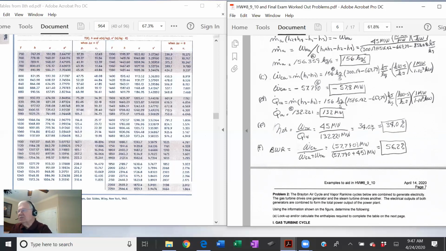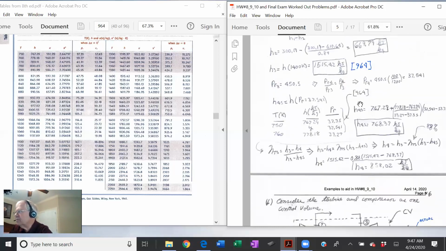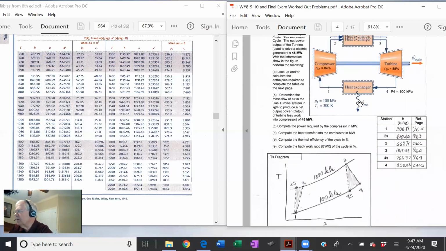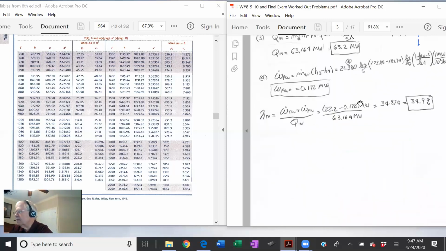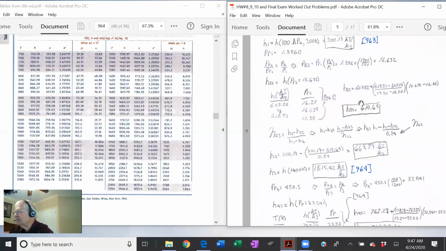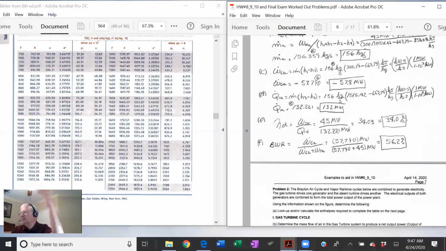And that's pretty close to, let's go back and see, I think that's almost exactly what we got for the steam turbine. Yeah, 34.9. I didn't design it to be that way. And 34, yeah, 34.9 and 34, okay.